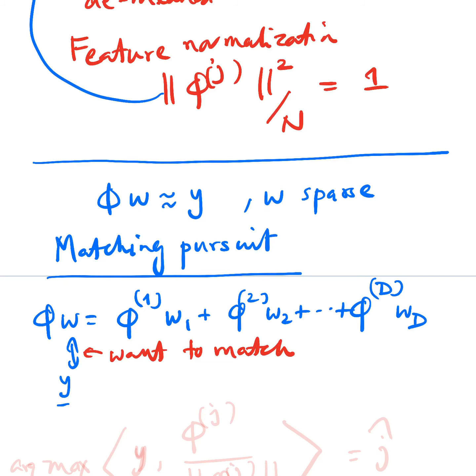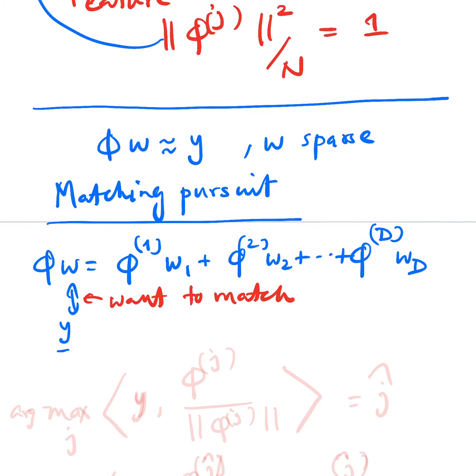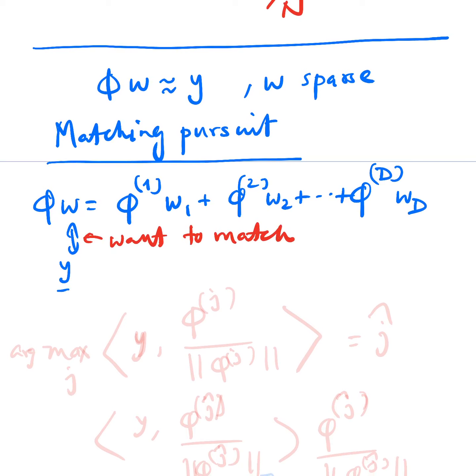So we want to do a good match. What if we just try to be greedy? I'm trying to match the column space to Y and trying to make the coefficients sparse. So how about choosing the smallest number of columns that explain Y? The greedy strategy would be to say, I think of these phi j's, I normalize them to unit directions, and the projection of Y onto any of these is that number.